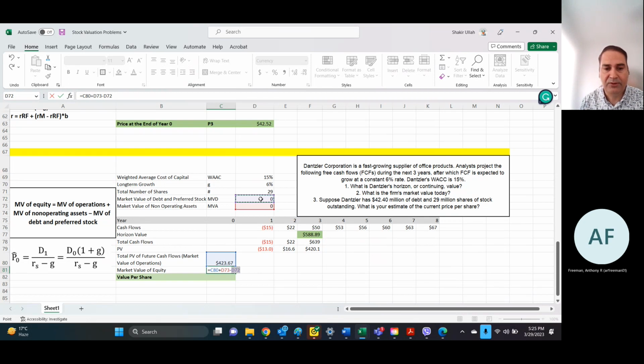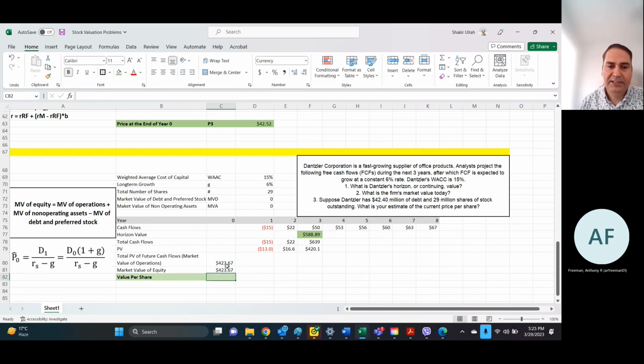But if we were given those numbers, it would be that one. So in this case, because we don't have the debt and assets, the market value of equity is the same as the market value of operations.